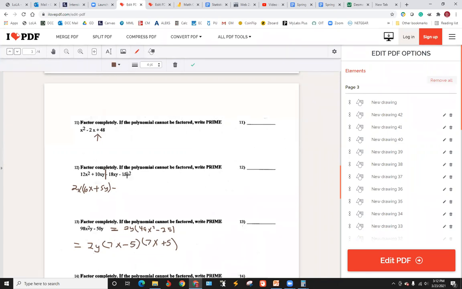Now again, here it's not 2, it's 3. 18 and 15 have the common factor of 3, and there's a y in both. So 6, and you can find this by taking this and dividing it into each one of those. And this is negative, so negative into negative gives you the positive. There's your repeater.